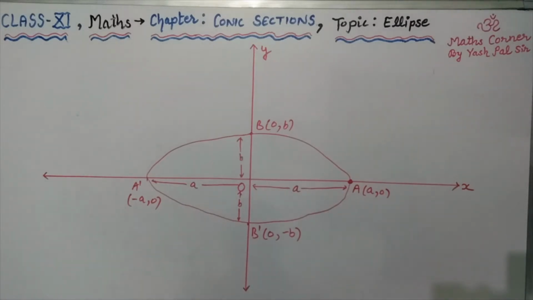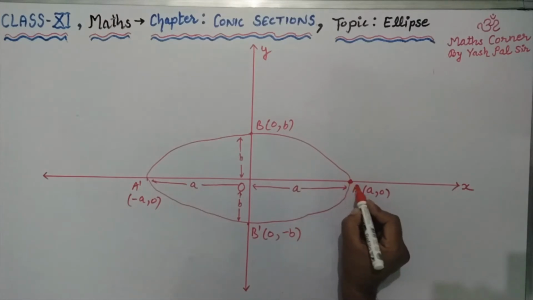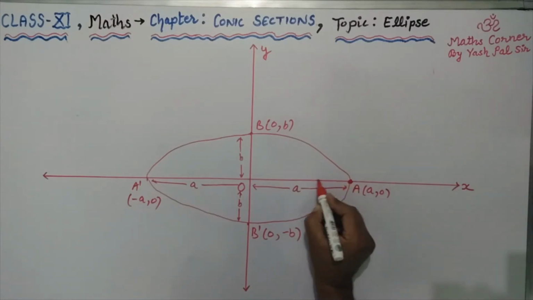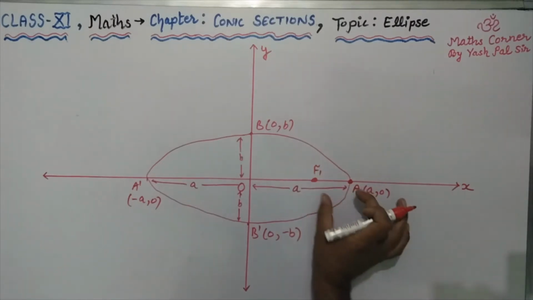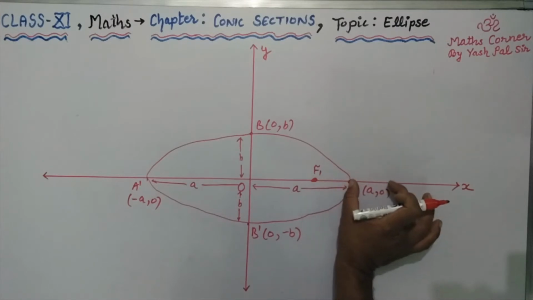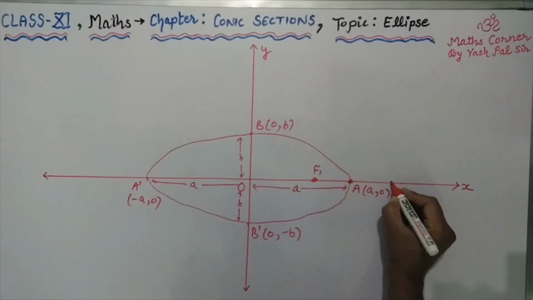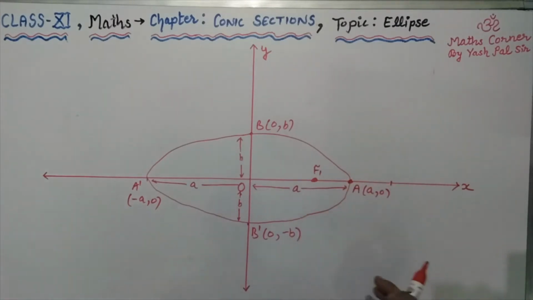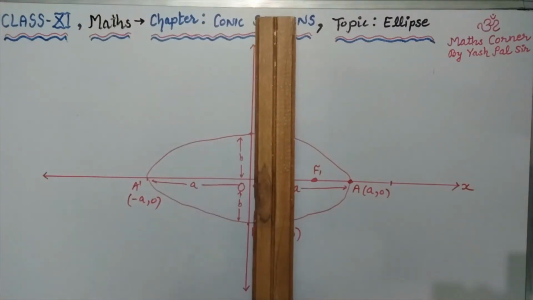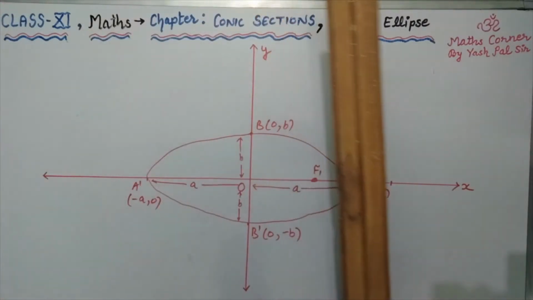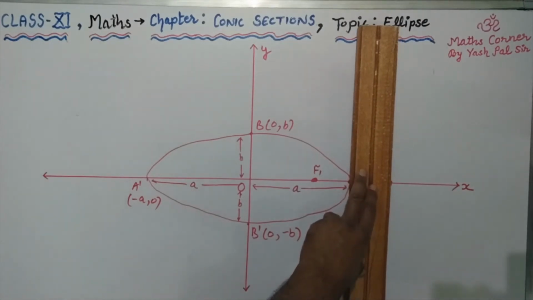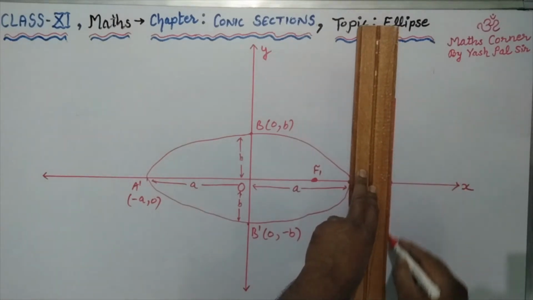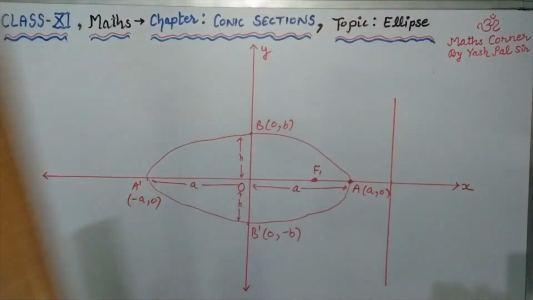Now two fixed points we take, suppose here we have focus F1, same distance to the right side, and the line parallel to y-axis through this point is called directrix.